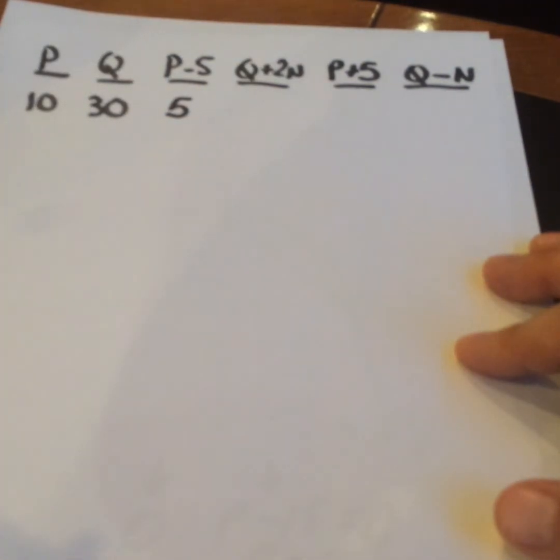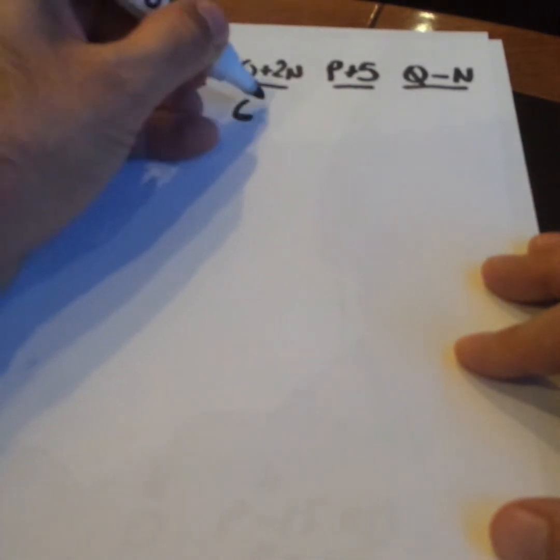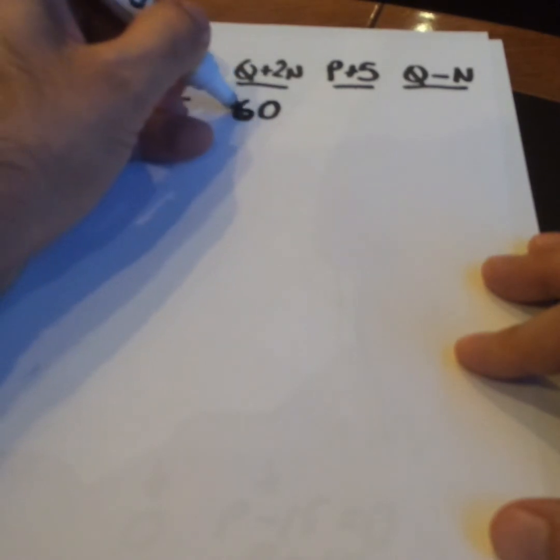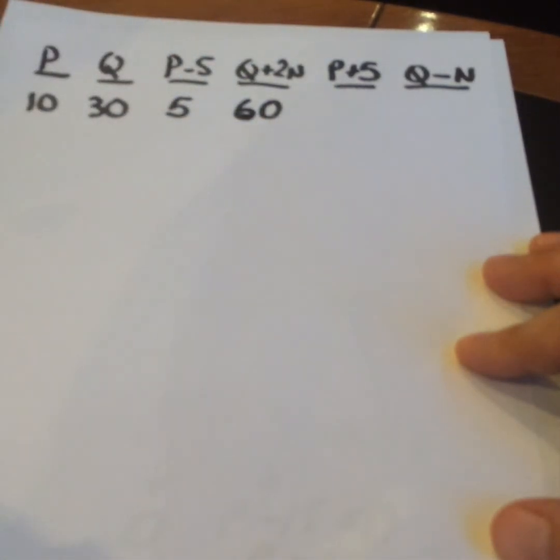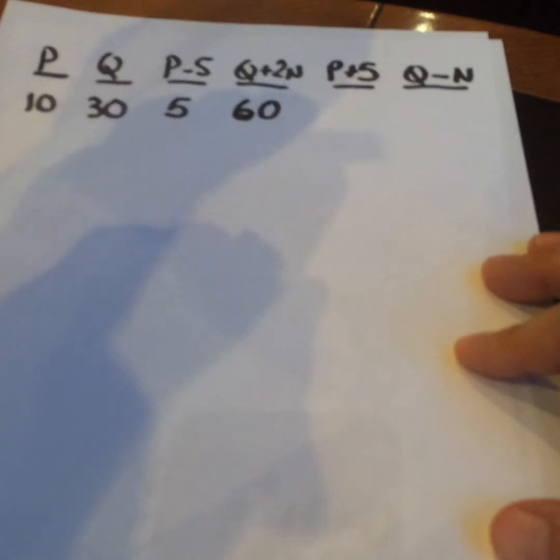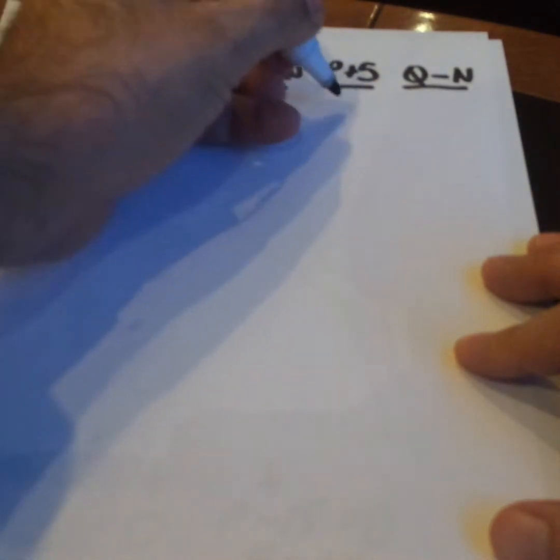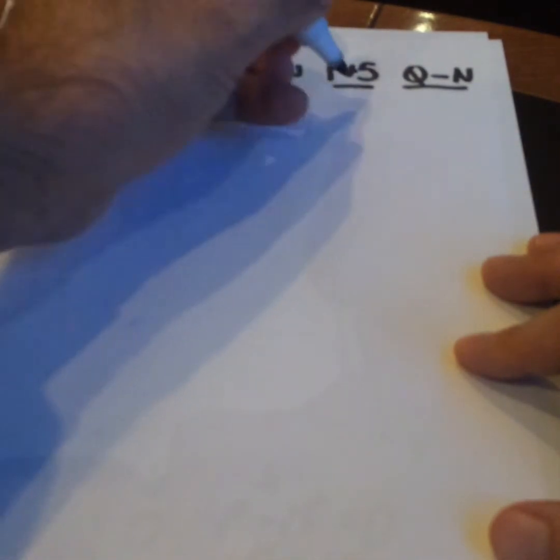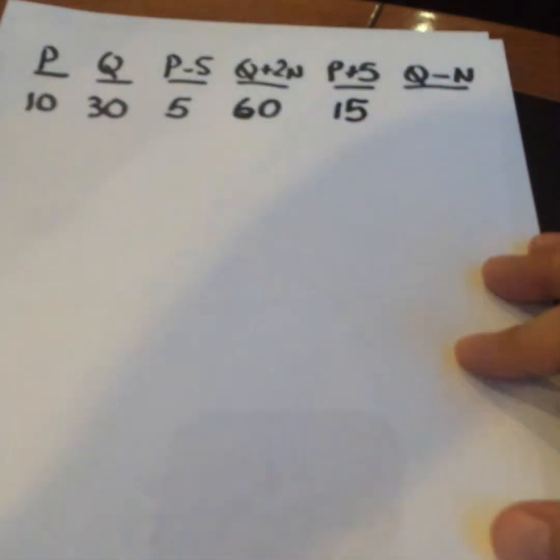Now, if the price was 5, and we need a quantity to get to 300, what is that quantity? Can you do it? It's simply 300 divided by 5, which comes out to 60, right? Okay. Now hold that thought. Let's move over here to P plus 5 and Q minus N. If the price was increased to $5, it would make it $15.